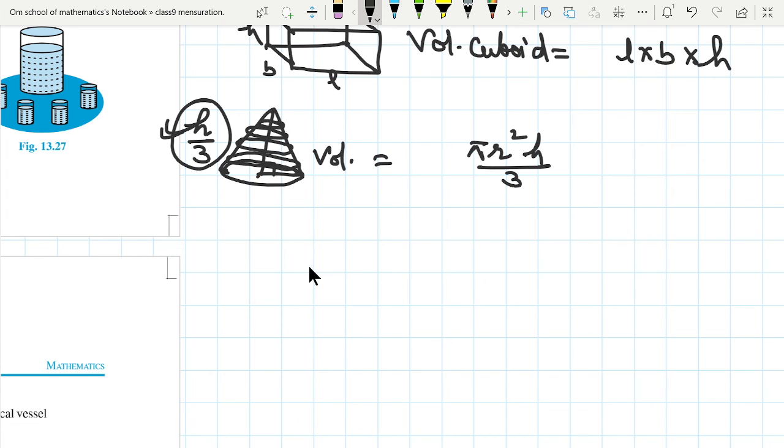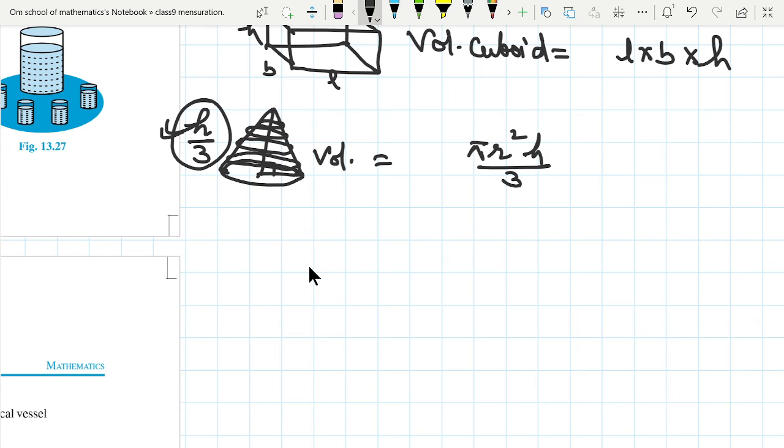In the same way, if you talk about the hemisphere, you can draw an inverted hemisphere also. You will find that its height is the radius and the base area is pi r square. When you are moving upward, the radius decreases to almost 2 by 3. What is the height?